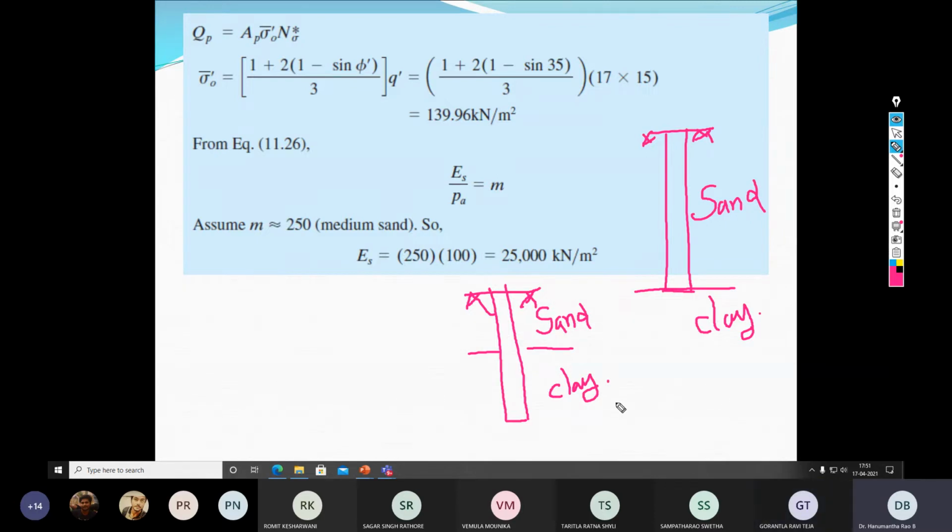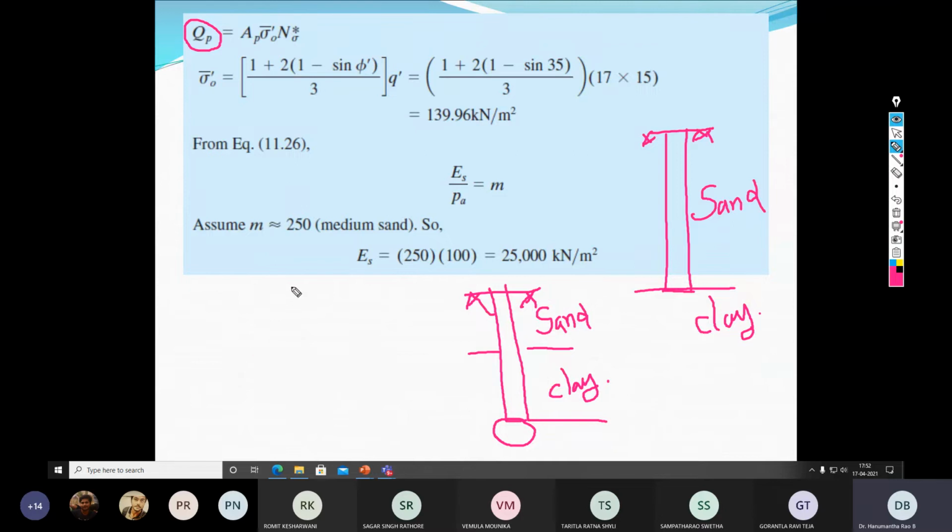Yes, sir. So there is no difference between these two cases in one way, because when you calculate the Qp, what you need to consider is what kind of soil exists at the tip. So there is no difference between these two, whether the sand is above half or up to the tip, it doesn't matter. But there are some conditions.